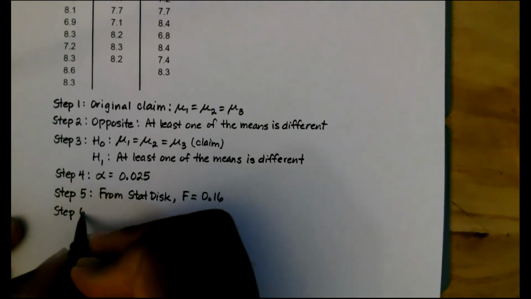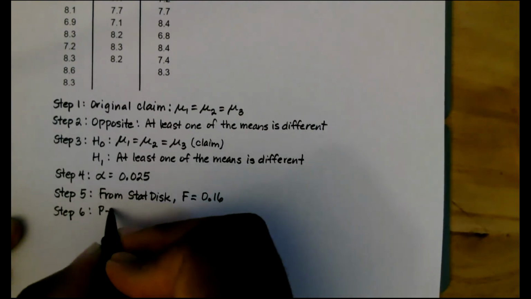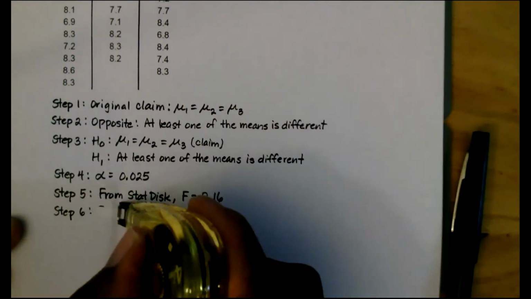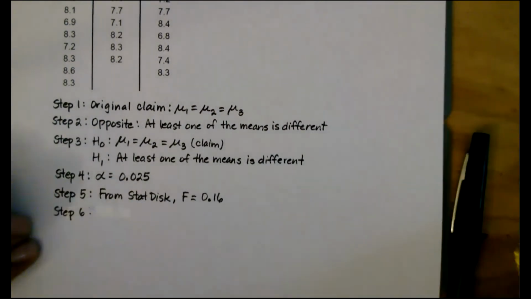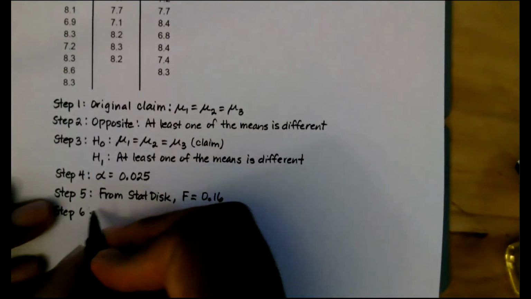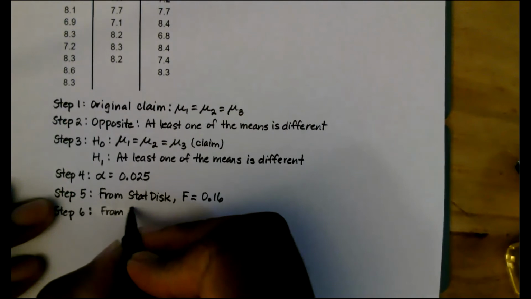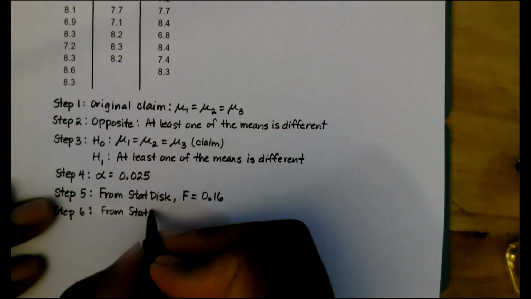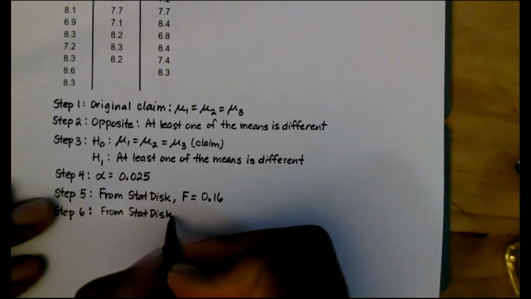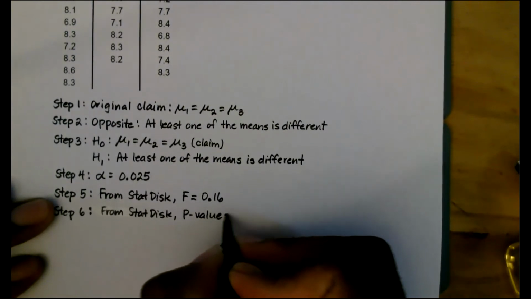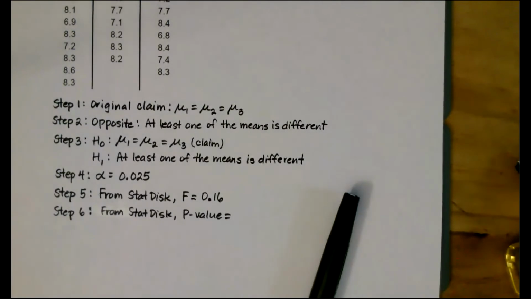And then step number 6 is going to be the p-value. Now, we can get that from Statistic as well. So from Statistic, your p-value is equal to, now I'll go back here.